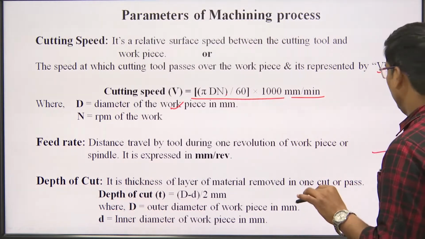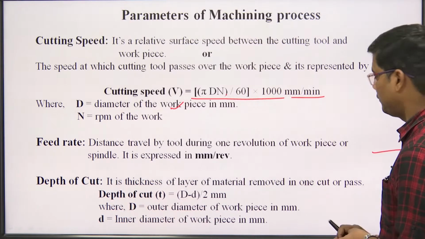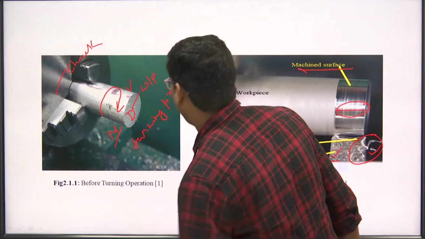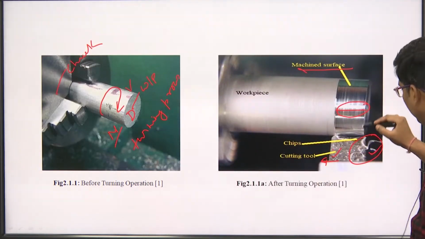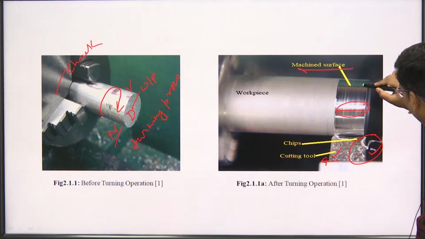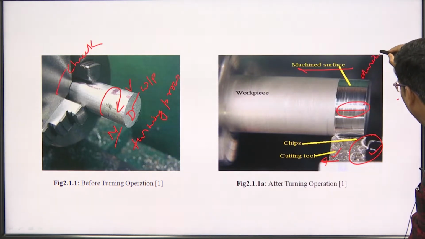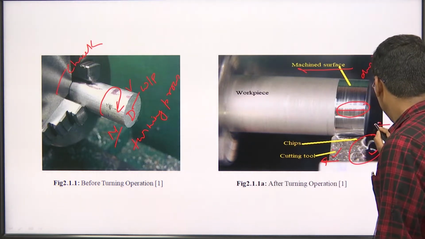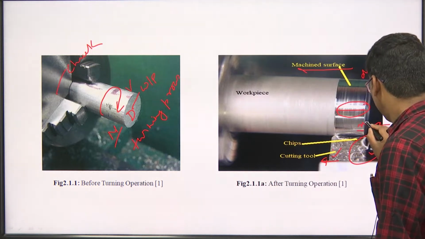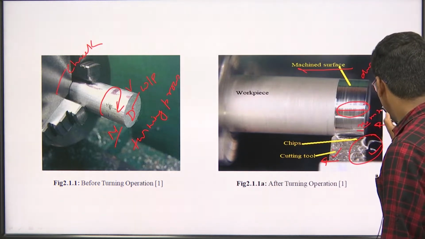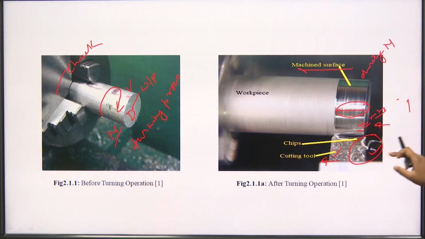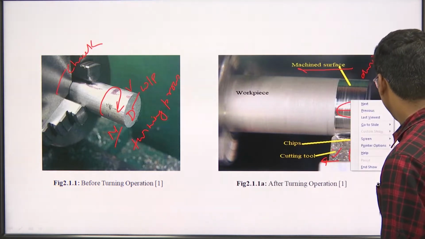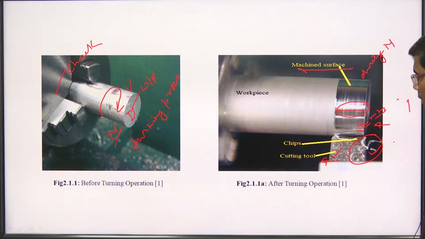We can also see in this diagram, during N RPM the tool moves in this direction, say x, and the unit is mm. So the feed rate will be x mm. Is it clear? So it is x mm of feed.